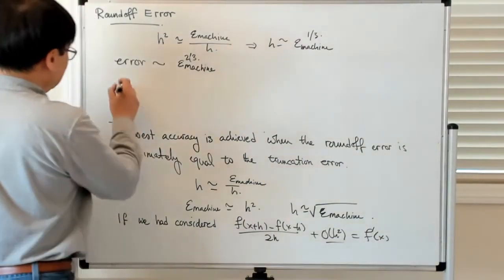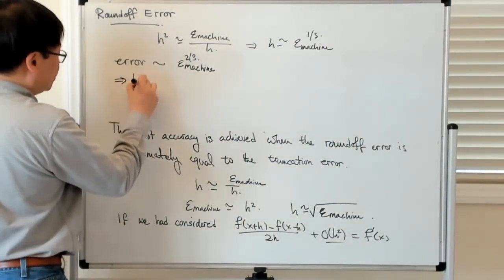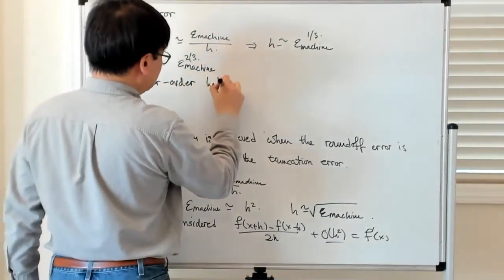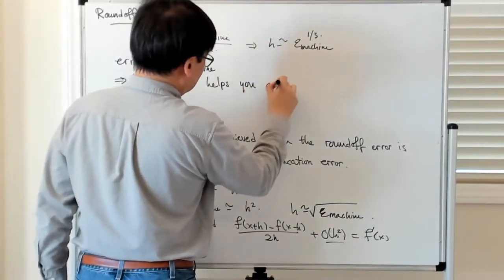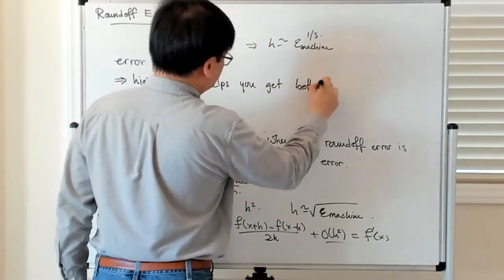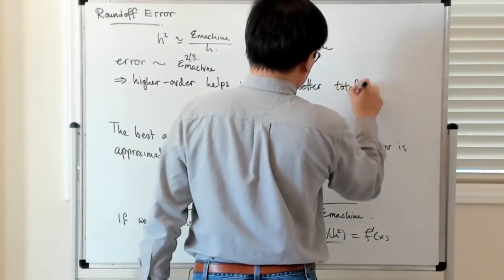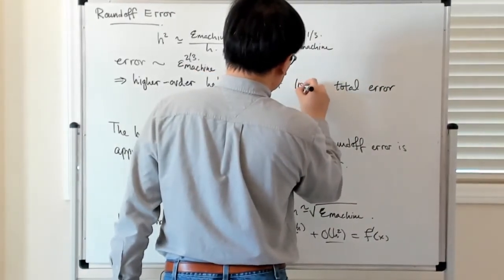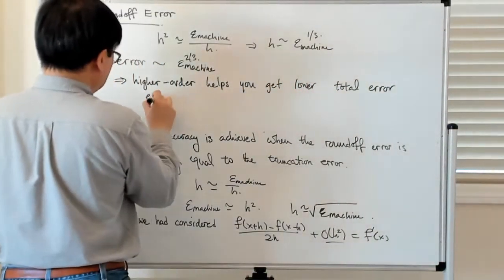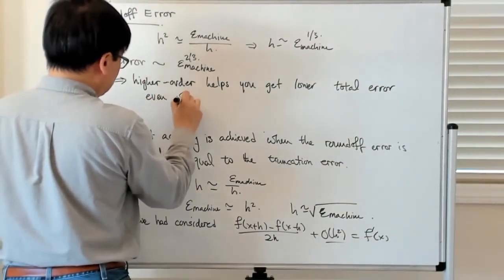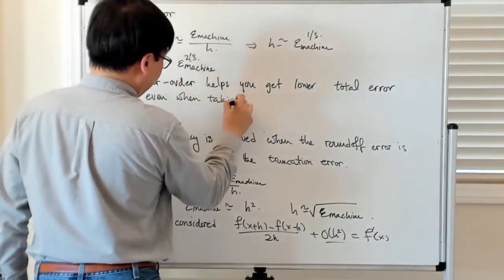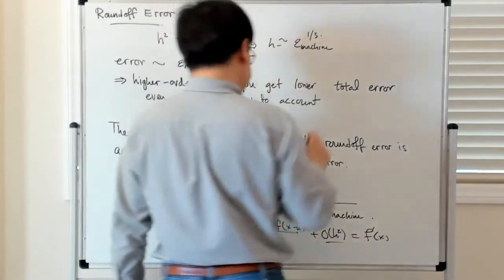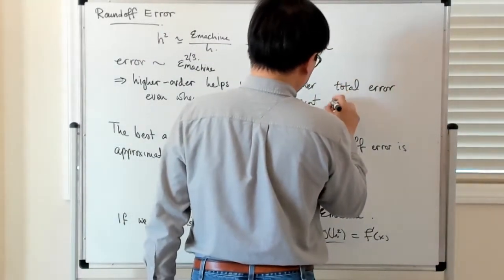So basically, the take-home message is that higher order helps you get a lower total error, even when taking into account round-off error.